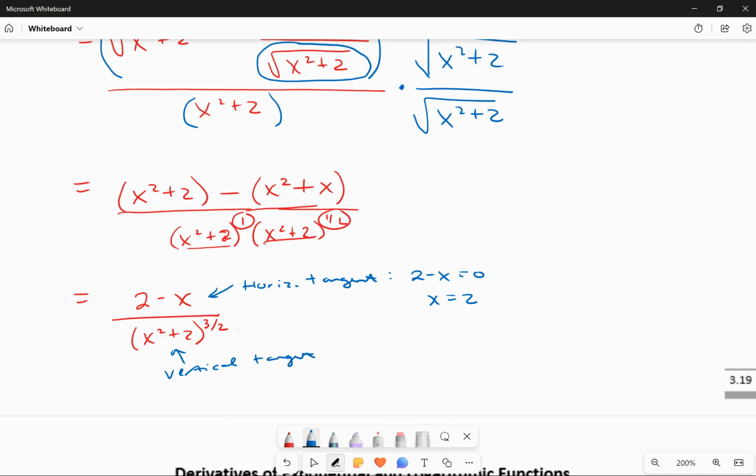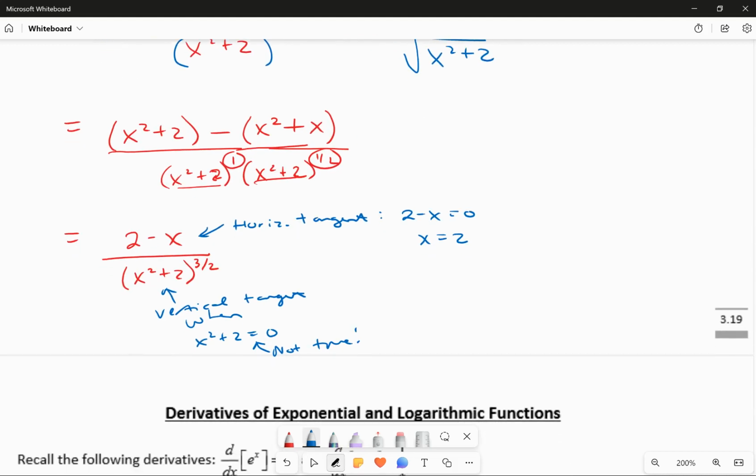Now, if you think about this denominator, you would have x squared plus 2 as your factor, and you're trying to find when that equals 0. Well, that's never going to be true, because x squared plus a number will never equal 0. In fact, it'll never be negative. So what this means is there are going to be no vertical tangents, because that denominator of the derivative will never equal 0. So that's the answer for the vertical side.